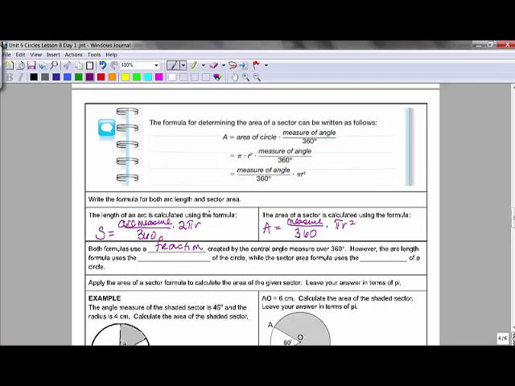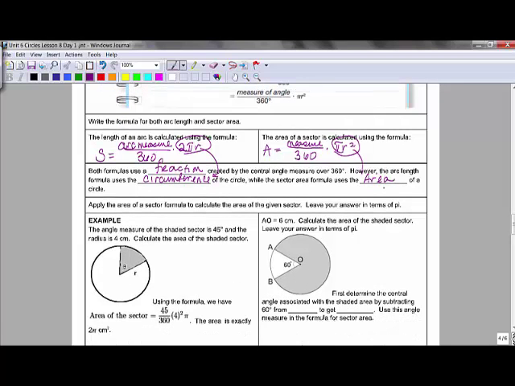However, the arc length formula uses the circumference of the circle, while the sector area formula uses the area of the circle. So one is a fraction of the circumference, the other one is a fraction of the total area.